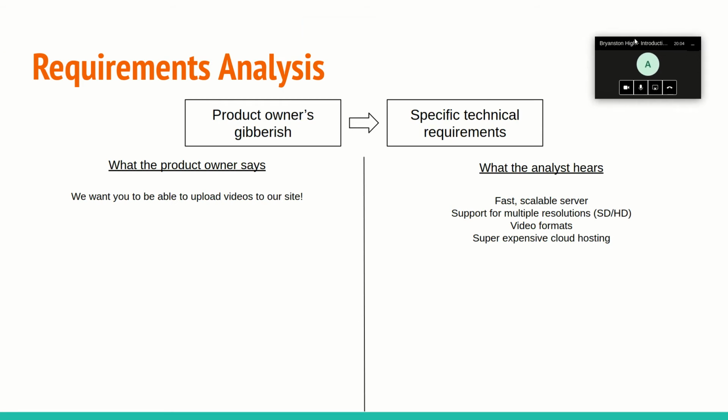Videos are large, they're difficult to handle, they take up a lot of space. So yeah, you would need a pretty fast server. It's going to be pretty expensive, I could tell you. We would need to support multiple resolutions, right? That's a simple thing already. Standard definition, HD, 720p, 360p, 1080p, all of these different resolutions we would have to consider.